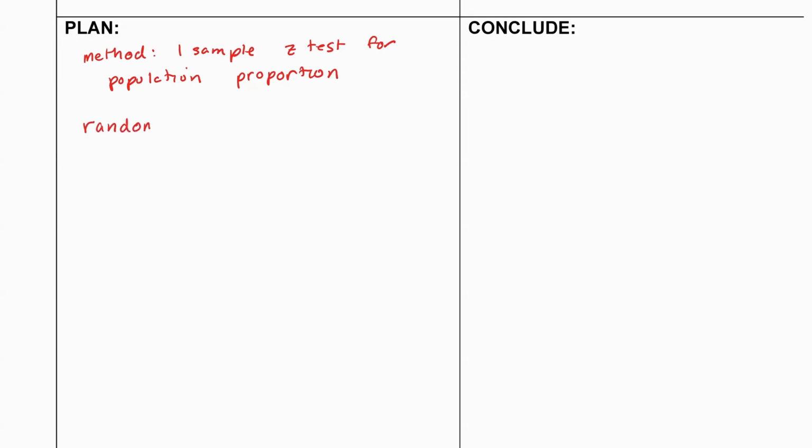In the plan step, our method, once again, is called the one sample z-test for population proportion. That we have conditions for this test. One of them is random, and the random is stated in the problem. So we give ourselves a check mark there.